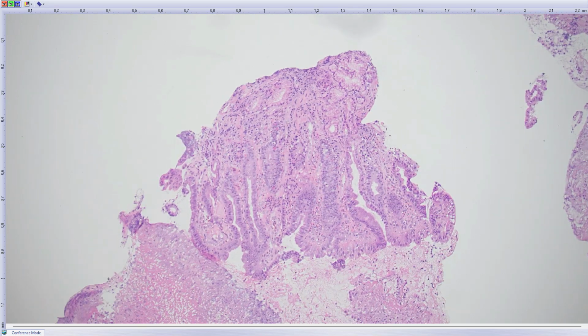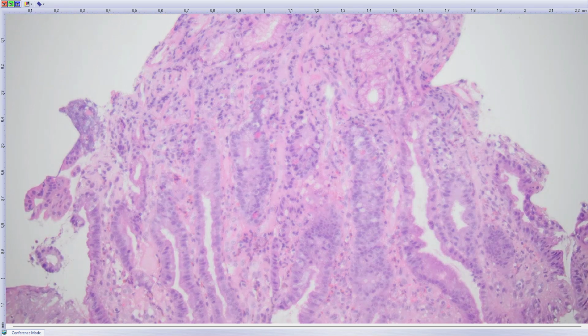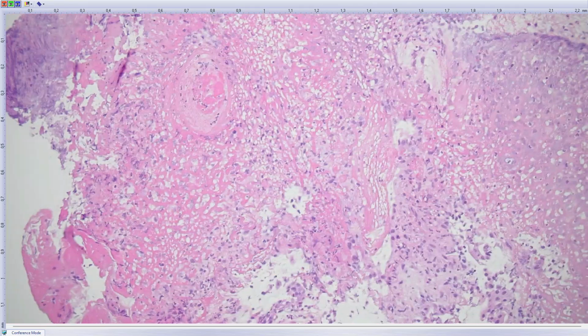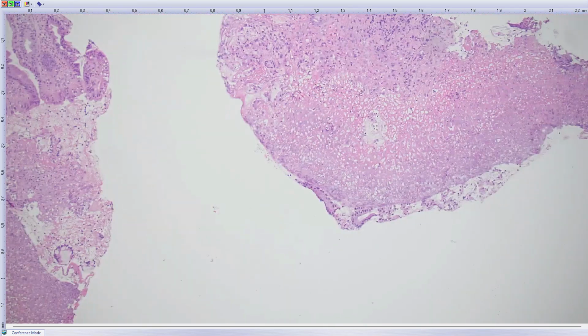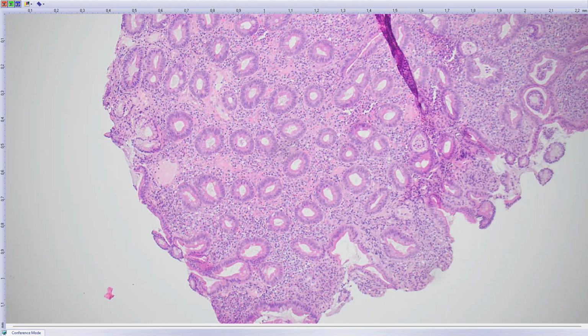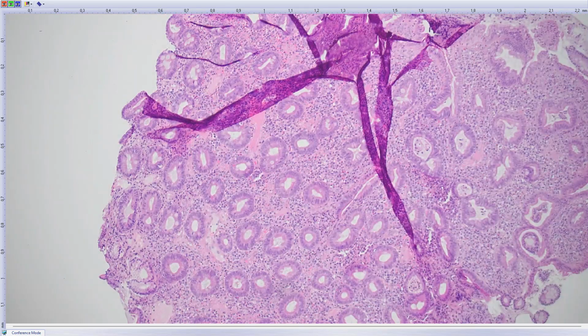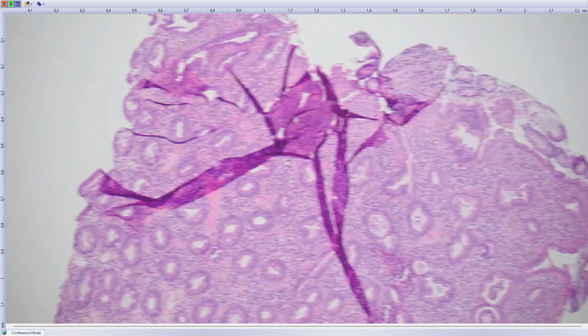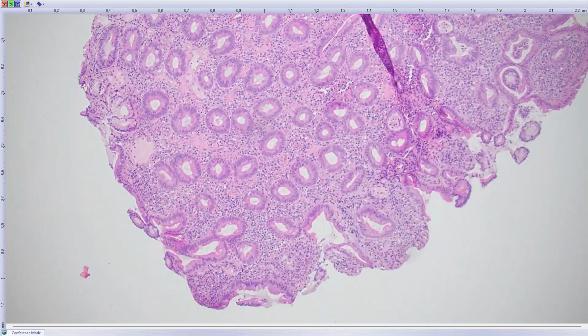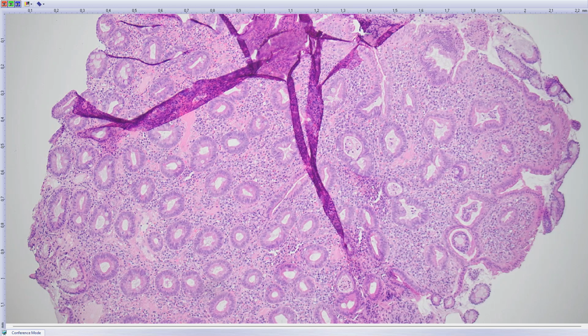You can see here this very reactive looking duodenal mucosa, some debris and fibrin here, and lymphoplasmacytic infiltrate with probably some architectural distortion, but the section is tangential, so I cannot really tell whether the architecture is distorted. And the question was whether it could be IgG4-related duodenitis.